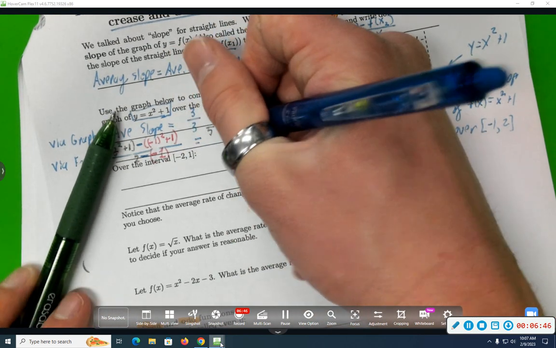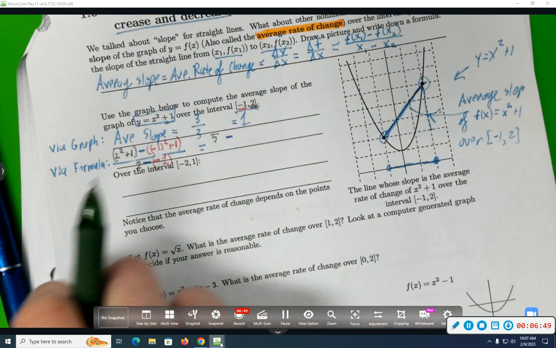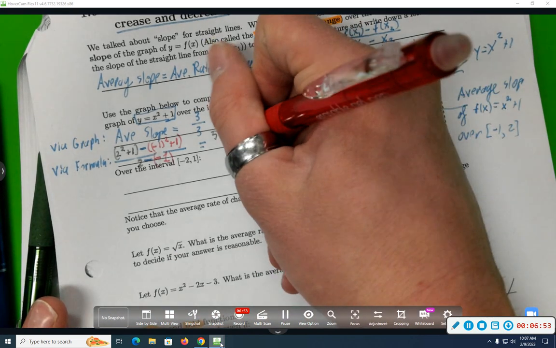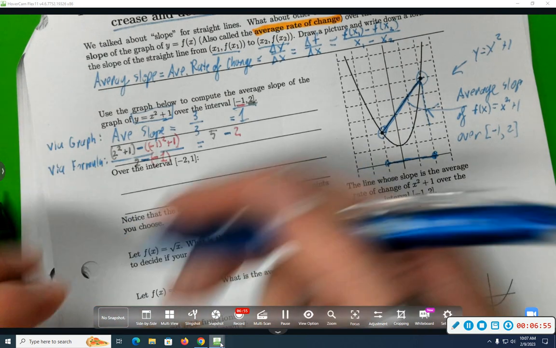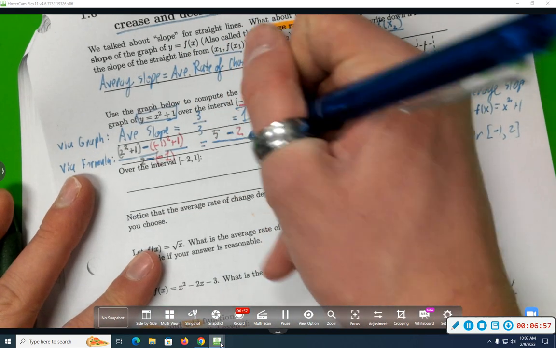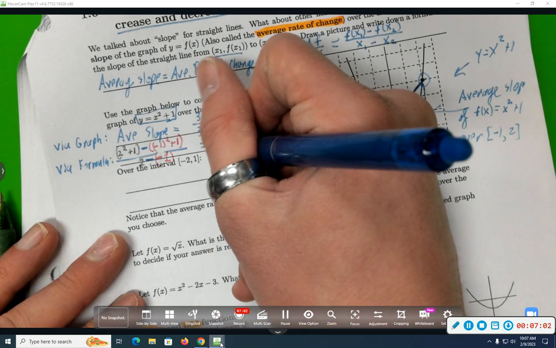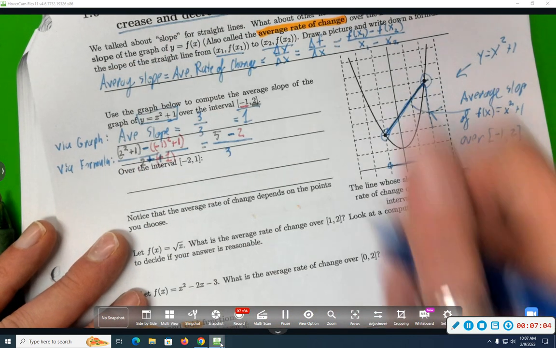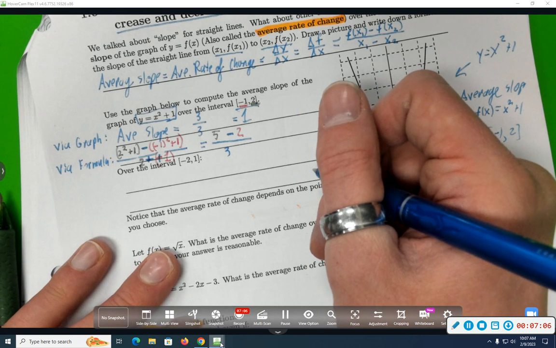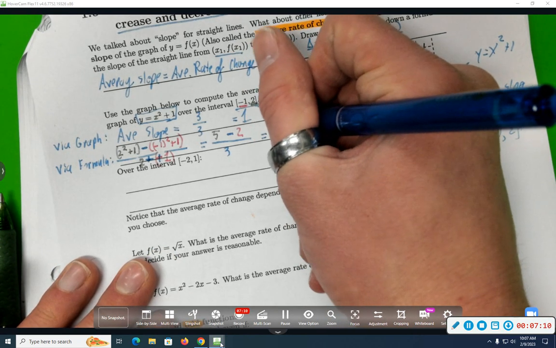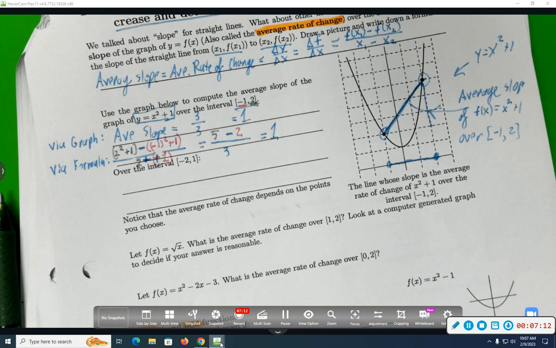Minus negative 1 squared plus 1 is 2. 2 minus negative 1 is 3. Wait, double negative becomes positive. So is 5 minus 2 all over 3 equal to 1? Cool. How do people feel about that?